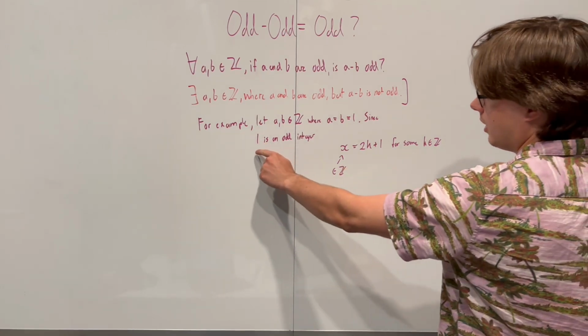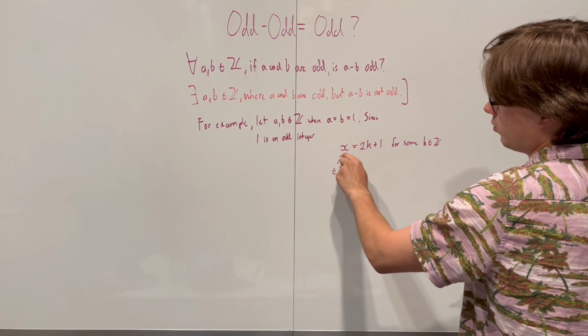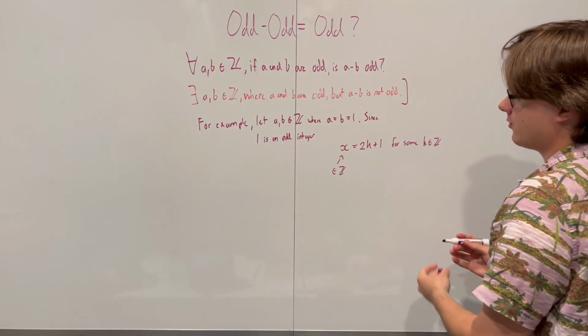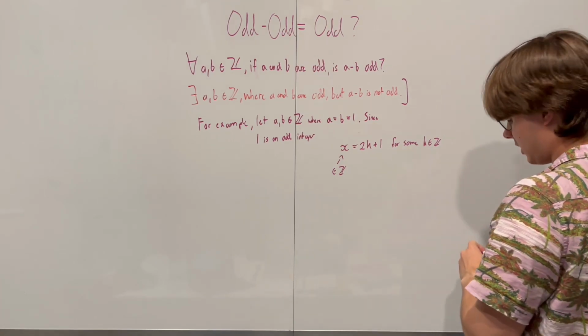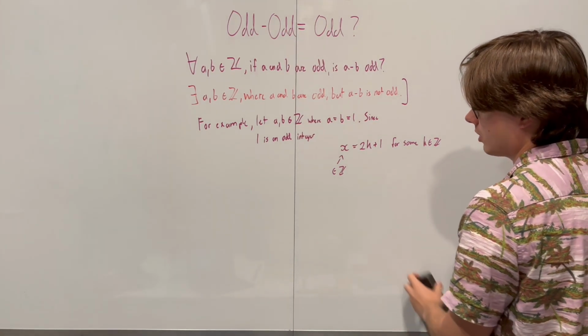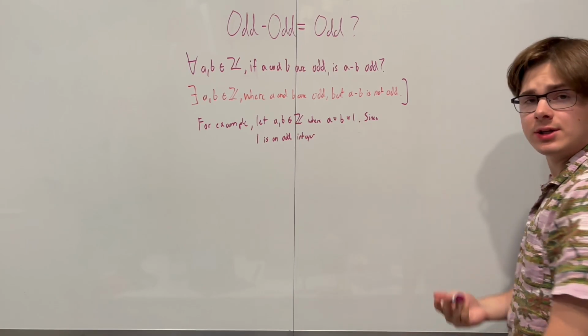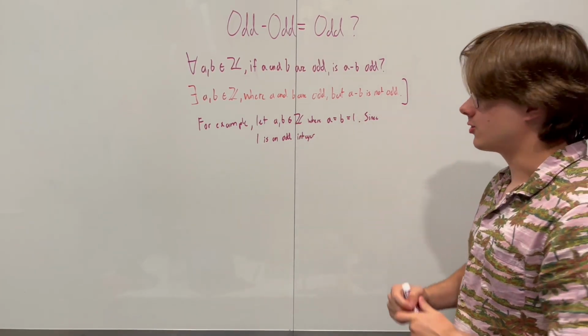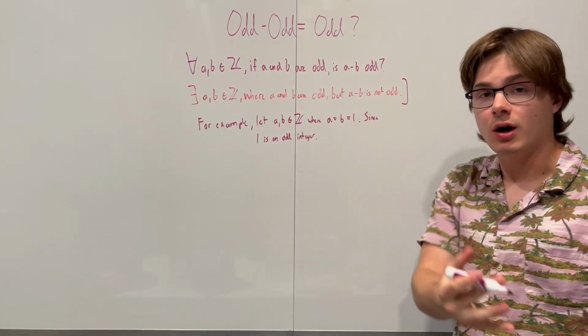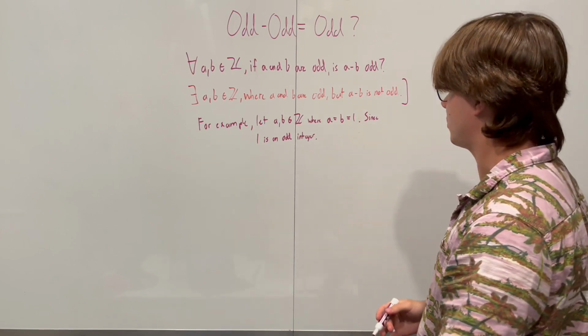So you would say x is equal to 1, then you would say 1 is equal to 2k plus 1, and you have to rearrange for k, and if k does in fact equal an integer, then 1 is odd. But you've already seen me do that in previous videos, and I think I can just assume the reader, or you, the audience, knows this, so we can just immediately skip to our next step.